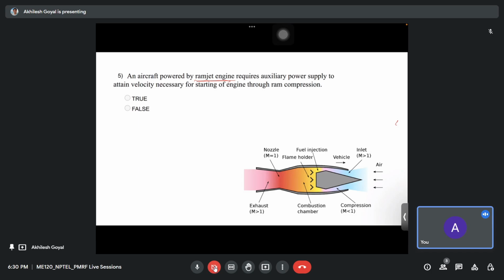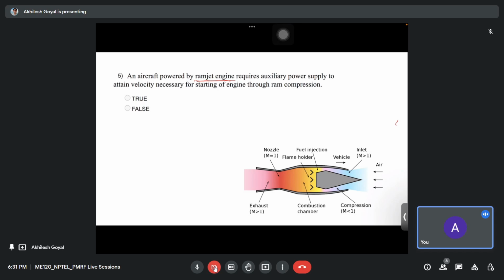This compressed air then goes to the combustion chamber where the fuel is injected and burned, and these burned gases then leave the nozzle through the exhaust, and we get our propulsion.